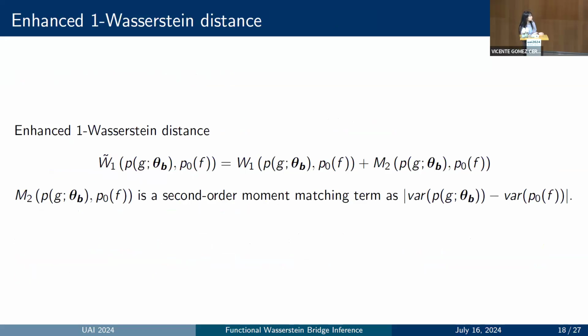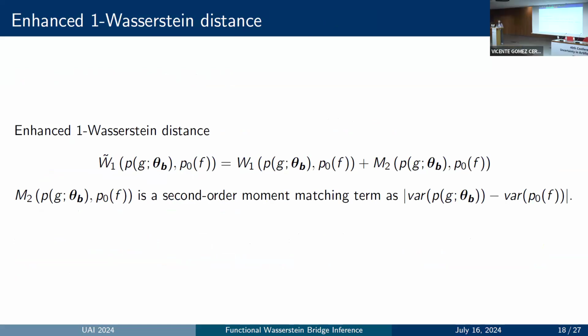Even though the 1-Wasserstein distance used in the Wasserstein bridge of FWBI can link the functional prior and the bridging distribution, we found that it is weak on higher order moment matching in practice to preserve the uncertainty encoded in the functional prior.